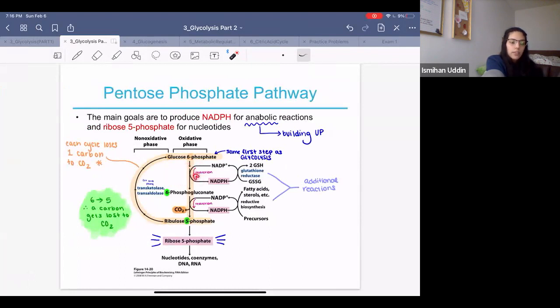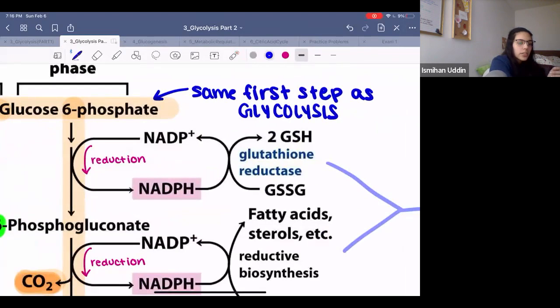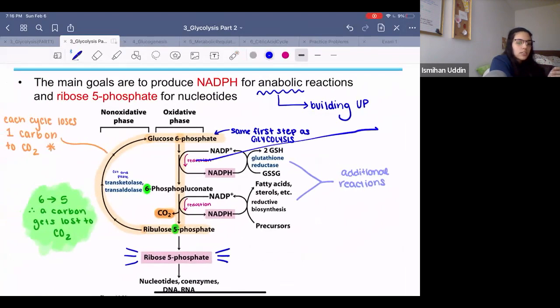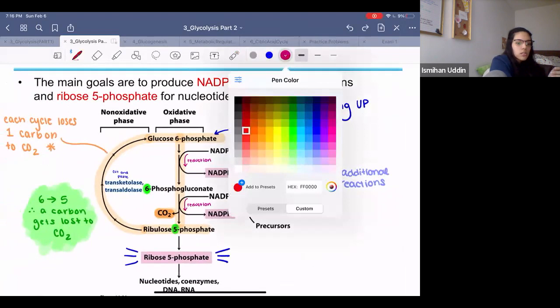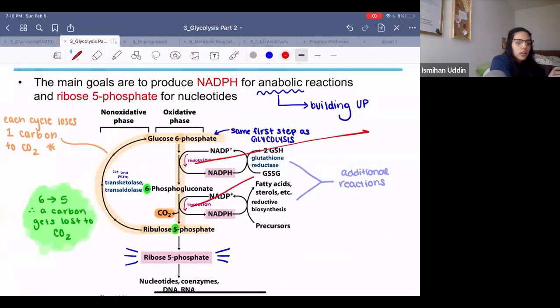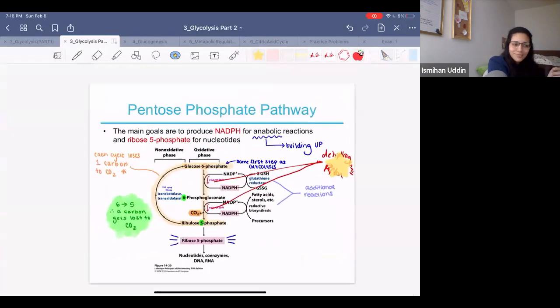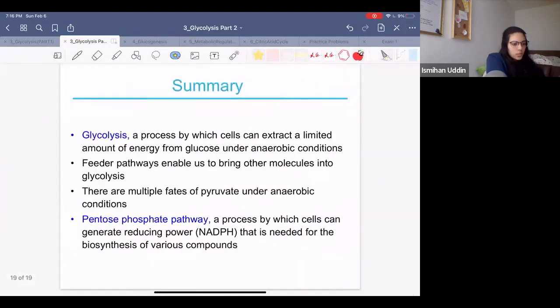I should probably include here in red that this is a dehydrogenase because it's redox. That's such bad handwriting. I'll come back to that. Okay, we talked about that.